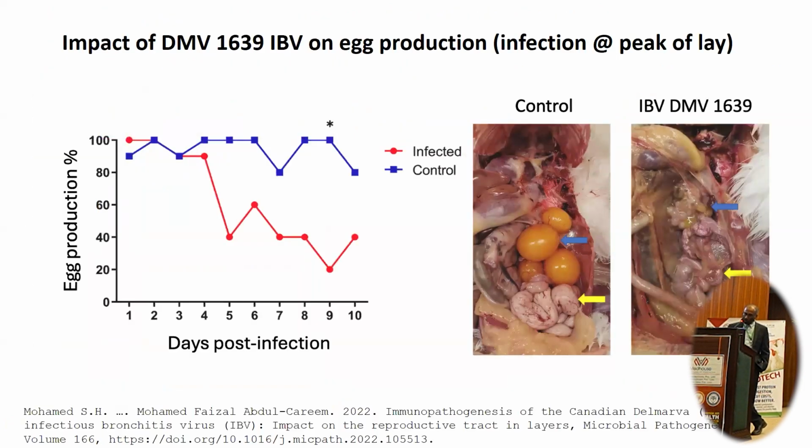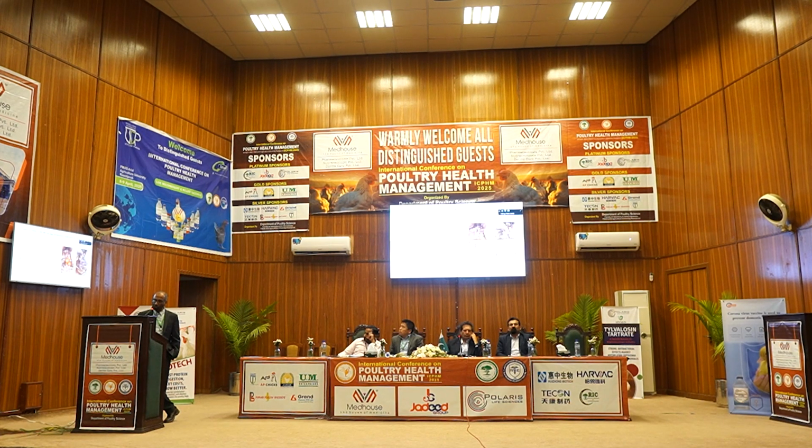So we got this virus, and first we need to prove whether this is pathogenic. So what we did, we infected the birds at the peak of lay. You can see that the red line indicates the infected egg production. There's a drop of nearly 40% in the egg production.